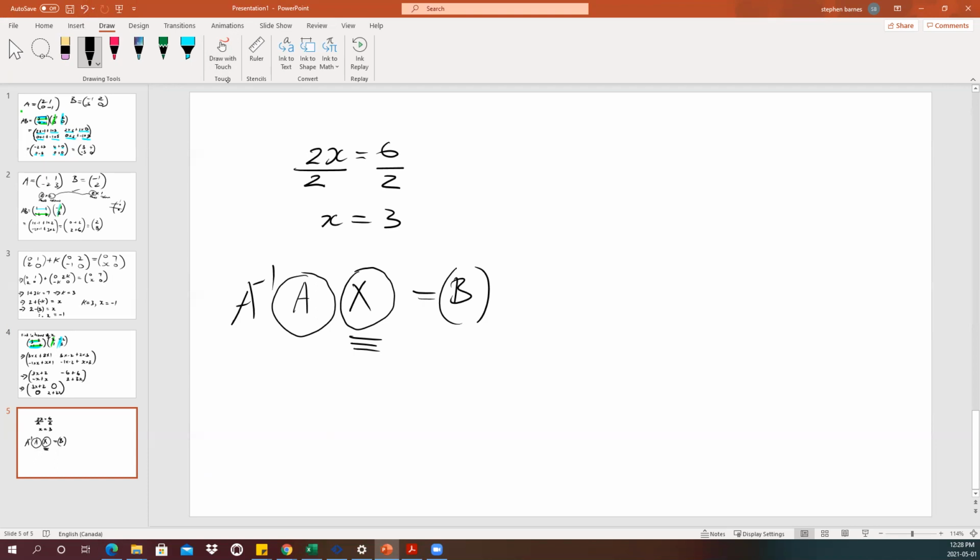Let me do it in the next row. This is the original thing. My bad, it's supposed to be X. Then you apply the inverse, and apply the inverse again.